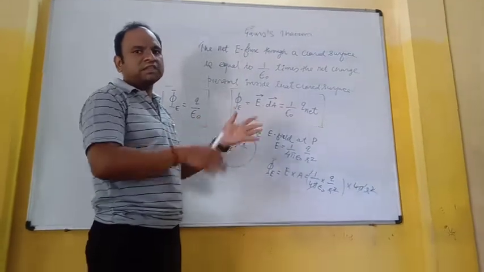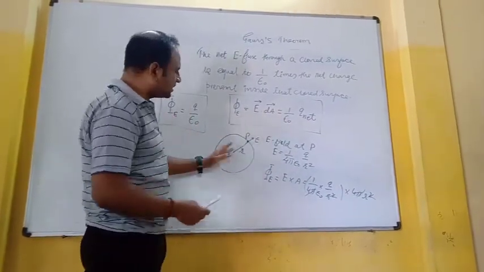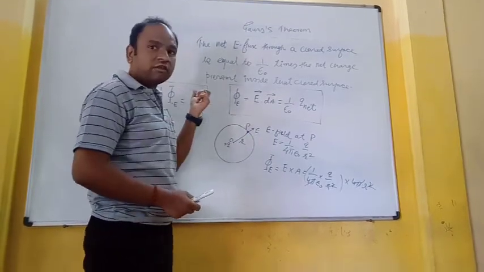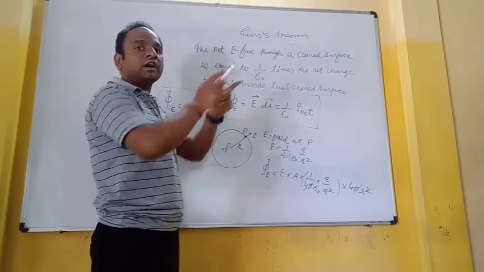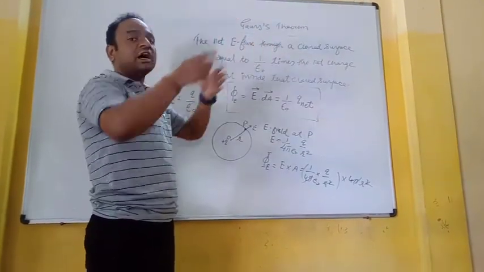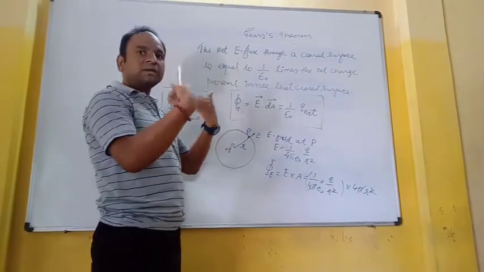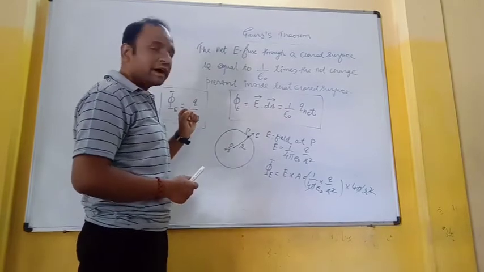Positive plus negative plus positive plus negative, the resultant is what you take into account while calculating the flux. If the net charge is positive, the flux would be moving away from the sphere, that is outside the sphere. If the net charge is negative, the flux would be coming into the sphere. So you should keep this in mind.